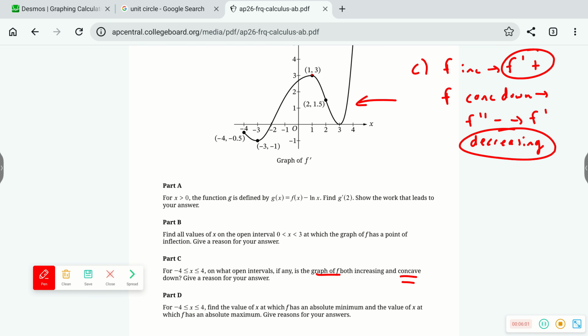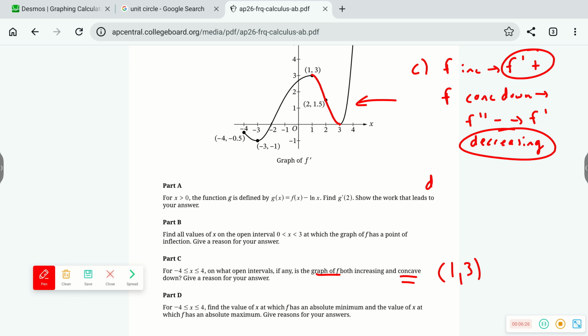Well, that would be from here to here. I'm above the x-axis, but I'm moving down to the right. So on what open interval? That would be the open interval from 1 to 3. Again, the graph I'm looking at is decreasing, and f is concave up there, but it's a graph that we cannot see, the graph of f.